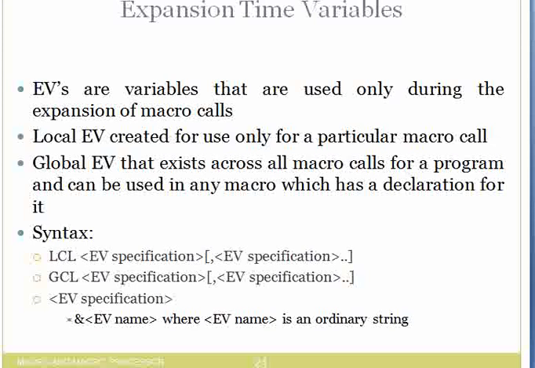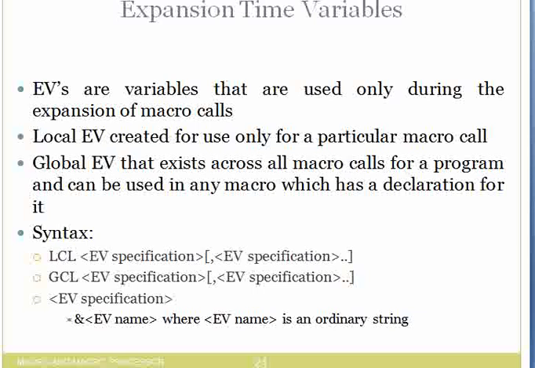There are two kinds of expansion time variables. One is a local expansion time variable and the other is the global one. What is the difference between these two? We all know that there can be multiple macros in our assembly language program.